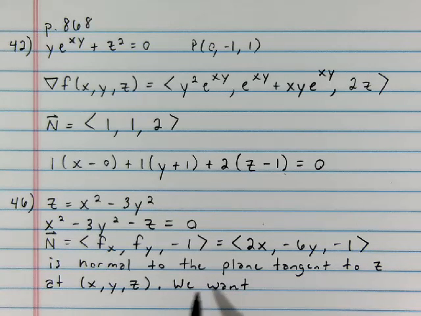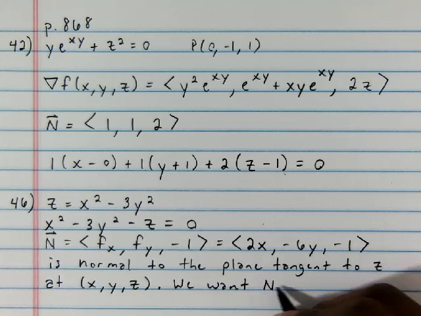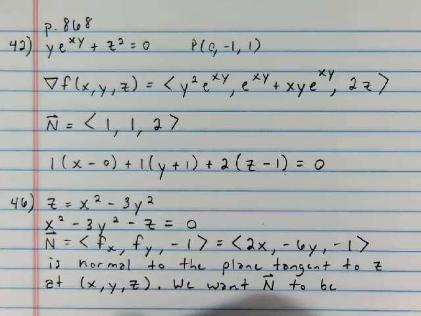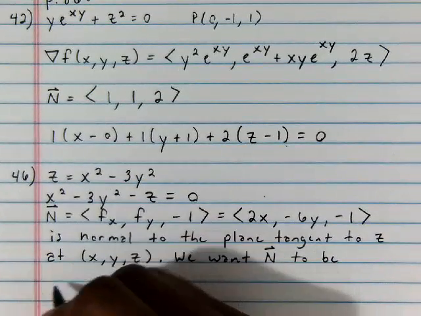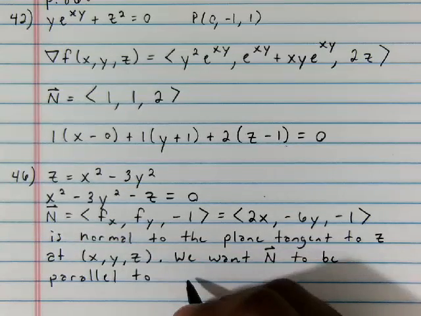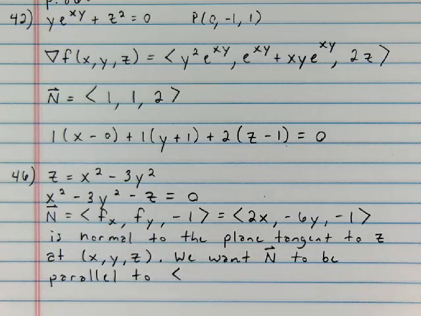All right, so because we want this tangent plane to be parallel to that other plane, we want their normal vectors to be parallel to one another. So we want n to be parallel to the normal vector for that other plane, which was 8, 3, negative 1.